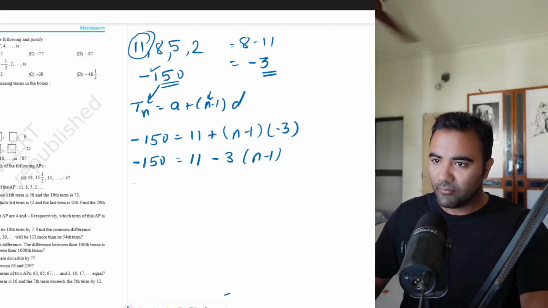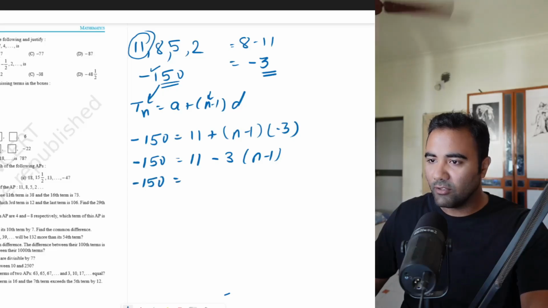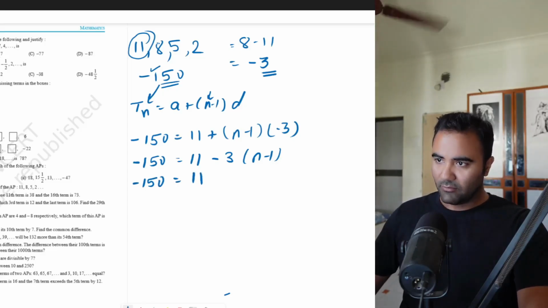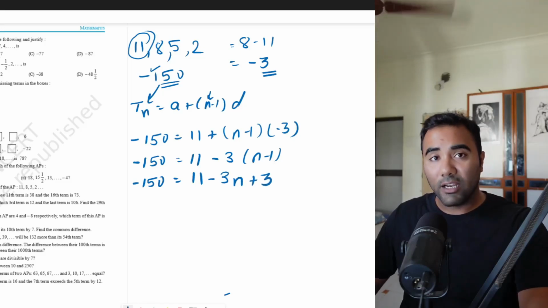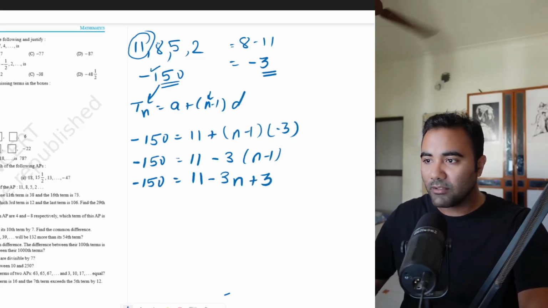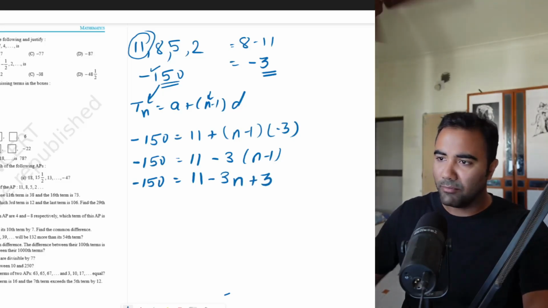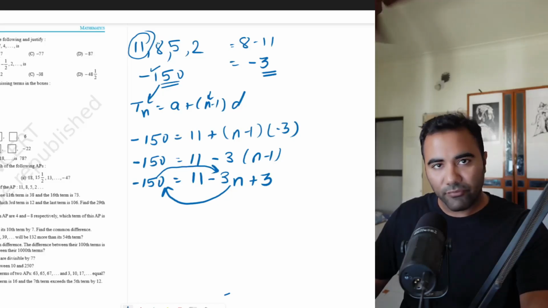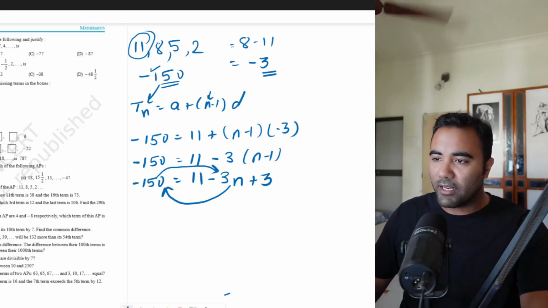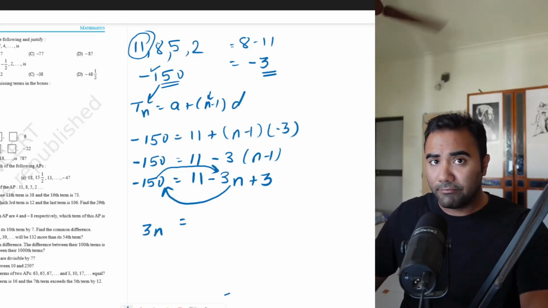Okay. Minus 150 is equal to 11, this would be minus 3n plus 3. How did I get a plus sign over here? Minus minus is plus. Simple. Now I'll take 3n over here and I'll bring 150 on this side. So when 3n goes from RHS to LHS, it becomes positive. 3n is equal to 11 plus 3. 11 plus 3 is 14.